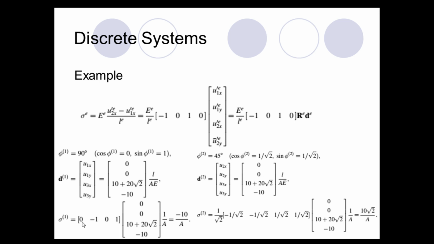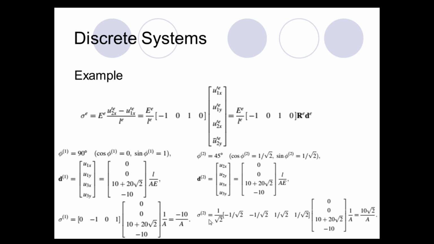Then the stress is equal to 0, minus 1, 0, 1, 0, 0, 10 plus square root of 2 and minus 10, divided by 1 over A. Because we have A multiplied by E here, and we have another E here, these Young modulus values will cancel each other, and as a result we are left with this value for the stress in element 1.